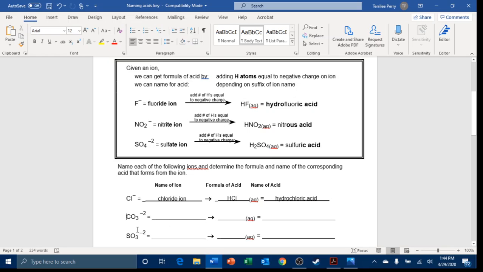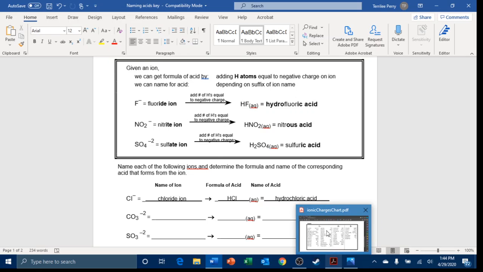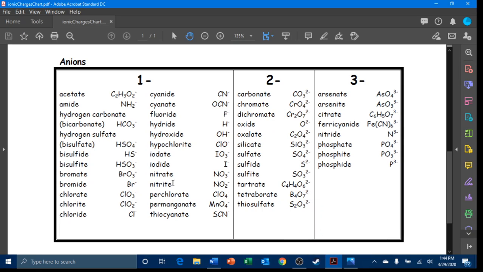You have CO3 2 minus. So let's look at our chart, and let's look for CO3. Okay, carbonate. CO3 2 minus is carbonate.